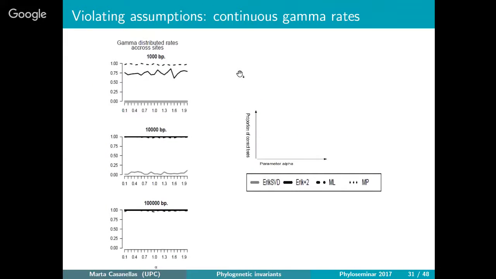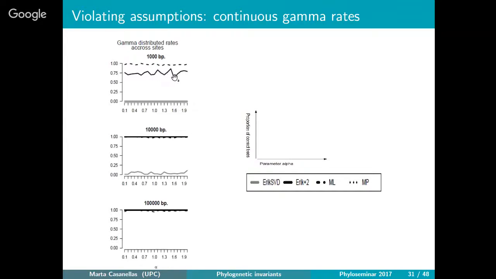Is this method robust enough? We try to violate its assumptions. Instead of generating data under the general Markov model, we generate on a continuous time model with gamma rates across sites. Here we let the parameter alpha on the gamma distribution vary a little bit. And here we plot the percentage of correct trees.